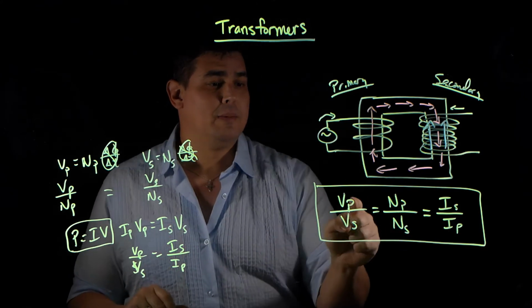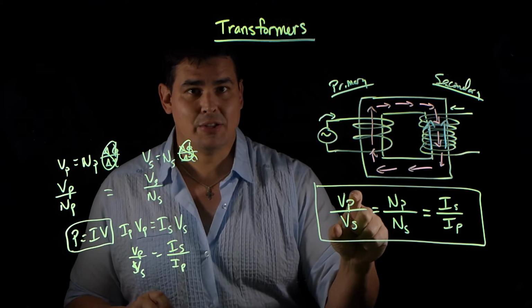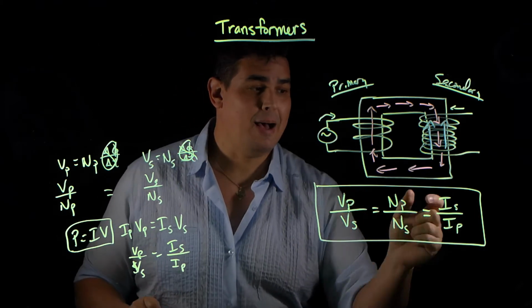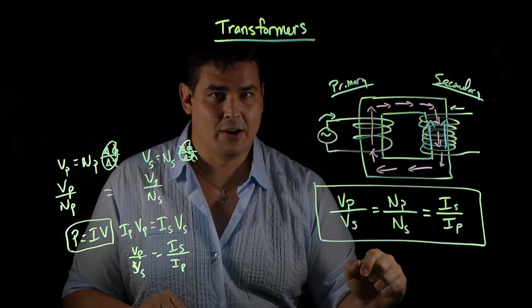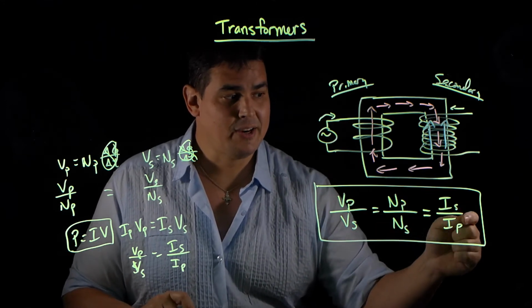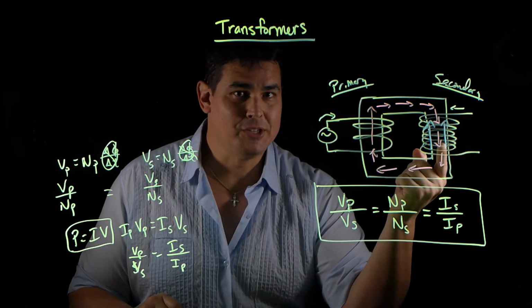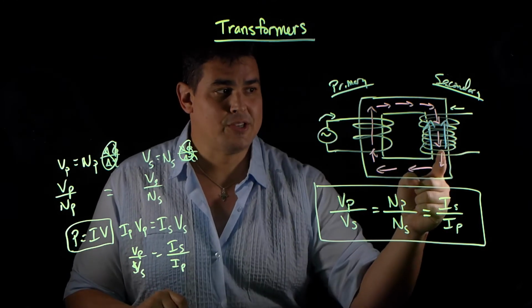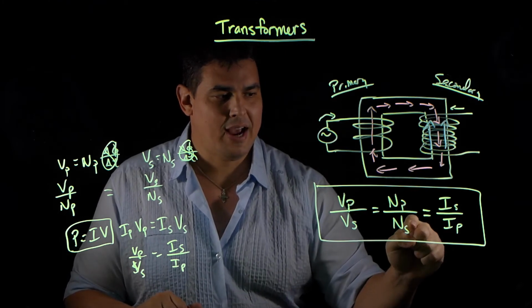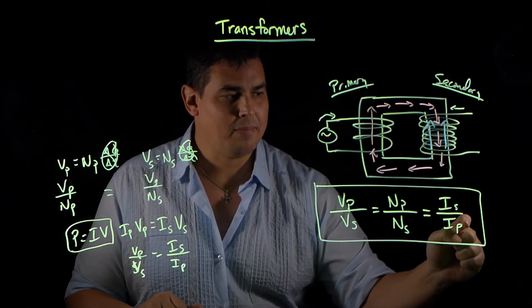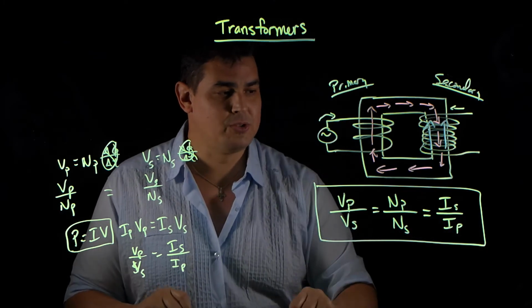The number of coils, the ratio primary to secondary, is directly related to the voltage, but it's opposite of the current. So here, the primary to secondary ratio is equal to the ratio of the secondary to the primary. What that means is, over here where I increased my voltage, that's actually going to decrease the current, because here my secondary is higher than my primary, so that means over here my primary current has to be higher than my secondary current in order to make these ratios work out.